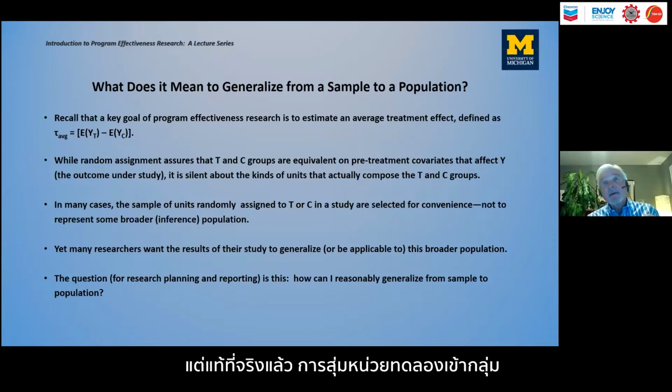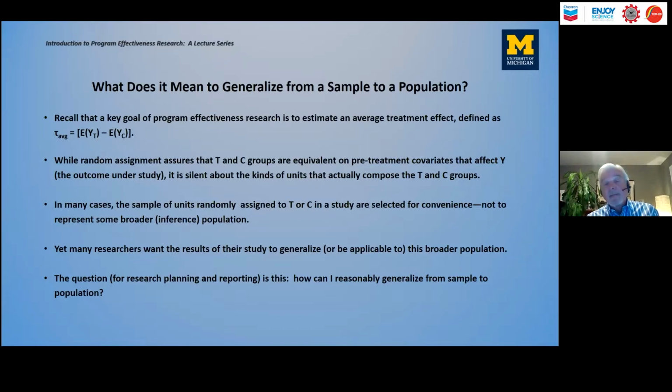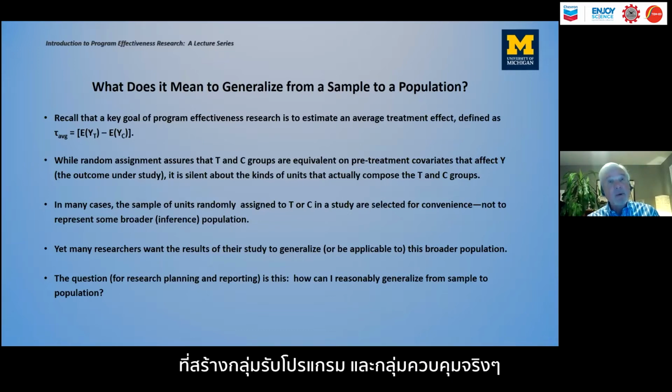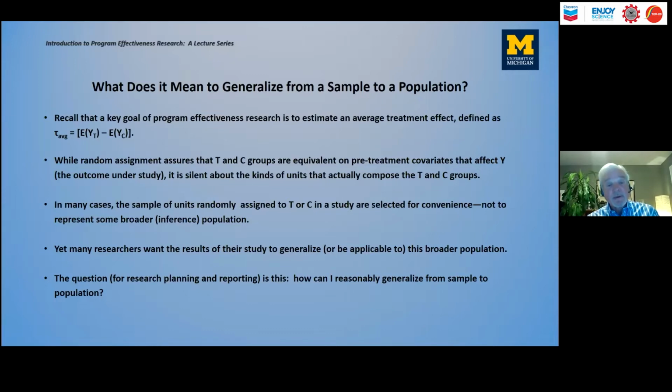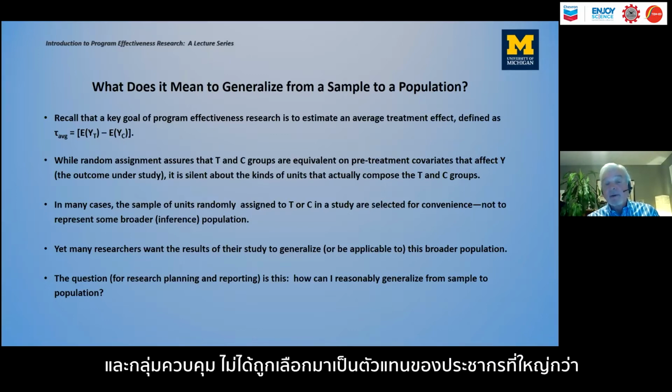But in fact, random assignment is not the same as random sampling from a population. And in fact, random assignment as a procedure is silent about the kinds of units that actually compose your treatment and control group.